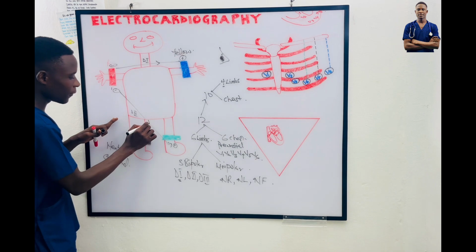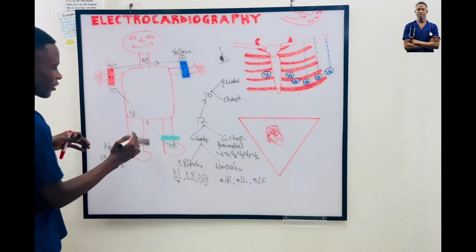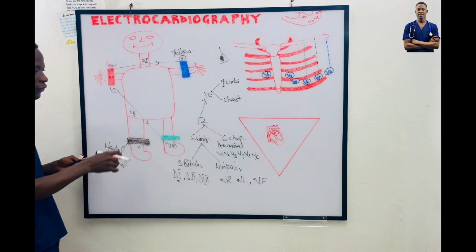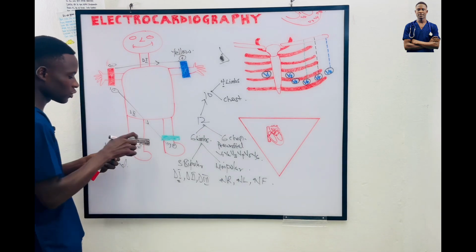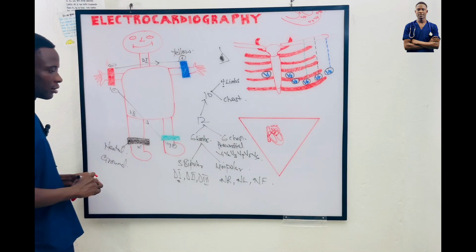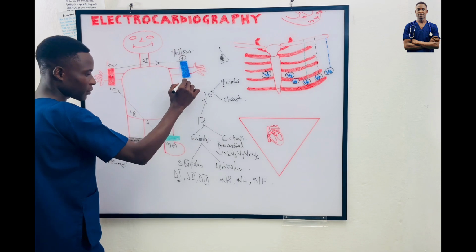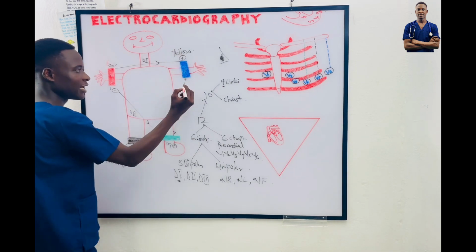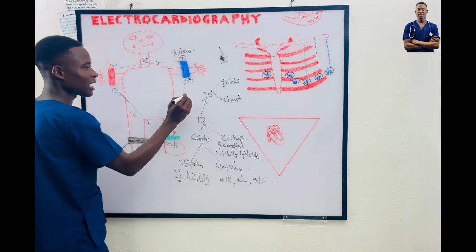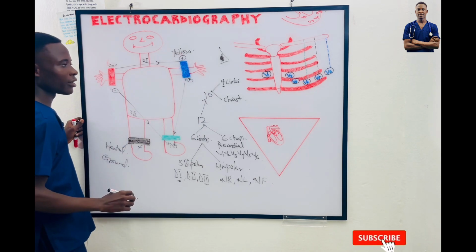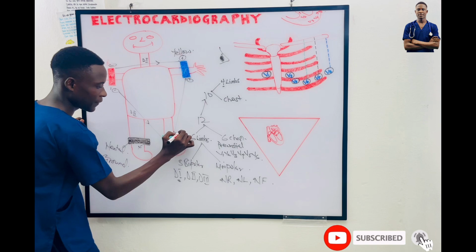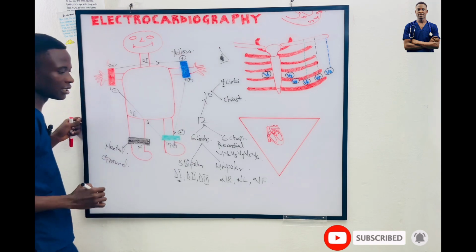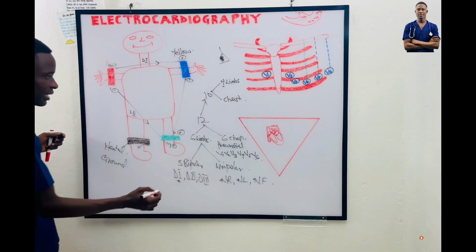The movement of the electrical potential, or the movement of the vector, is towards the positive. And then the D3 is also like this. We place our negative electrode, and then the left foot is our positive electrode for the D3.